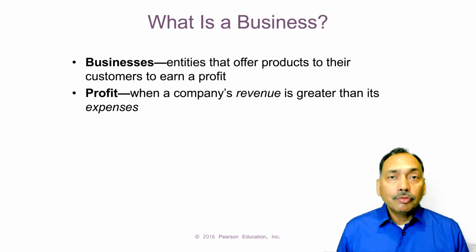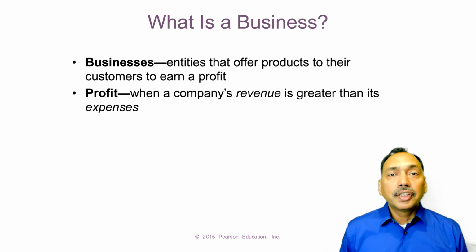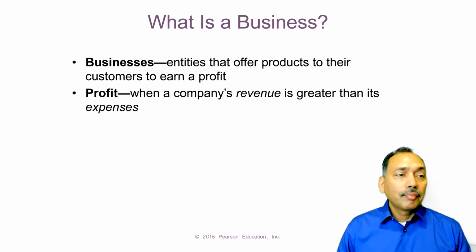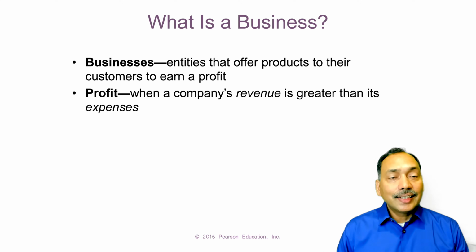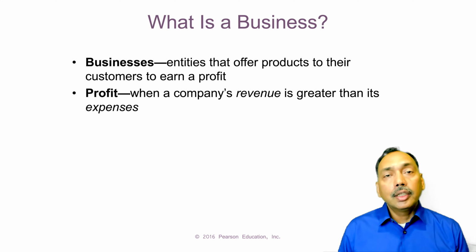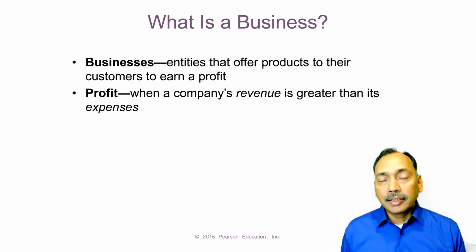So let's start with asking a very basic question. What is business? On this slide, you will see a formal definition of business, which is entities that offer products to their customers to earn a profit. So if I want to have a business, it is essential that I create some kind of product.